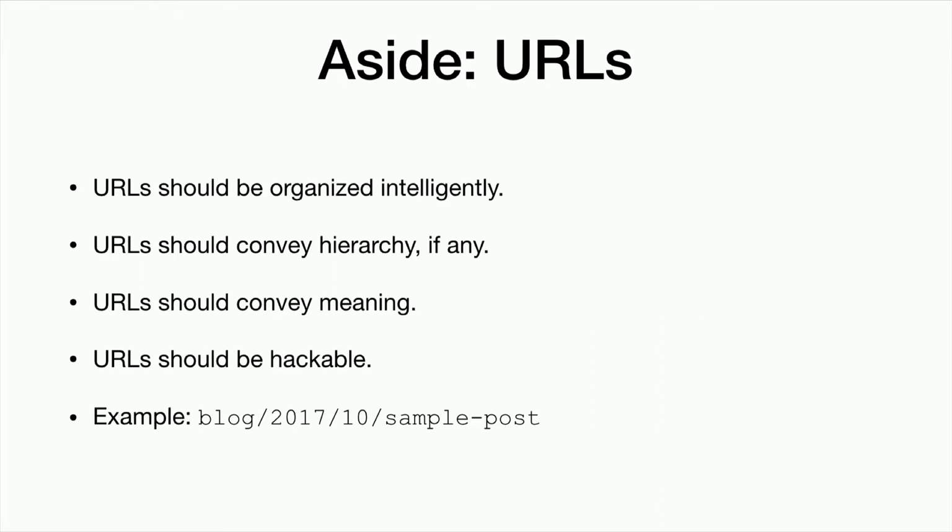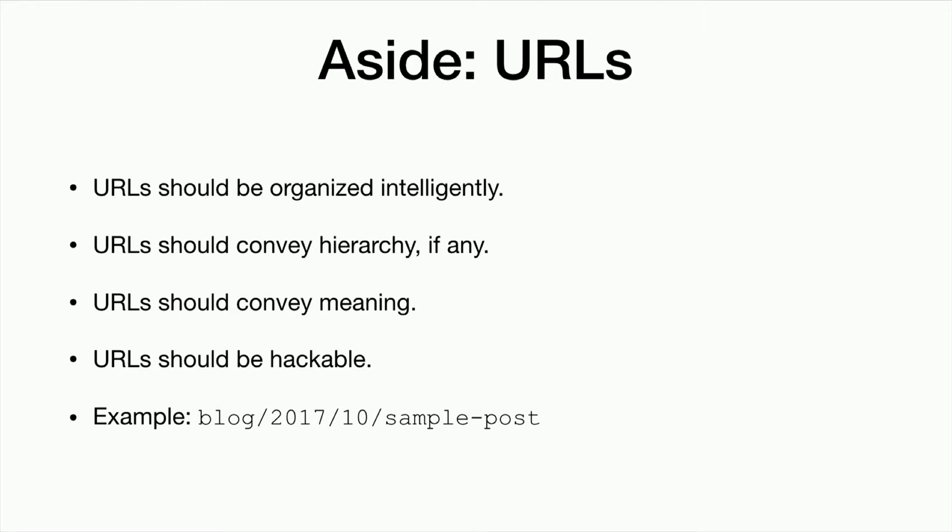So, I will talk a little bit about URLs overall. I always find that they should really be organized somewhat intelligently. If there is a hierarchy to the information, it should be conveying some of that hierarchy.